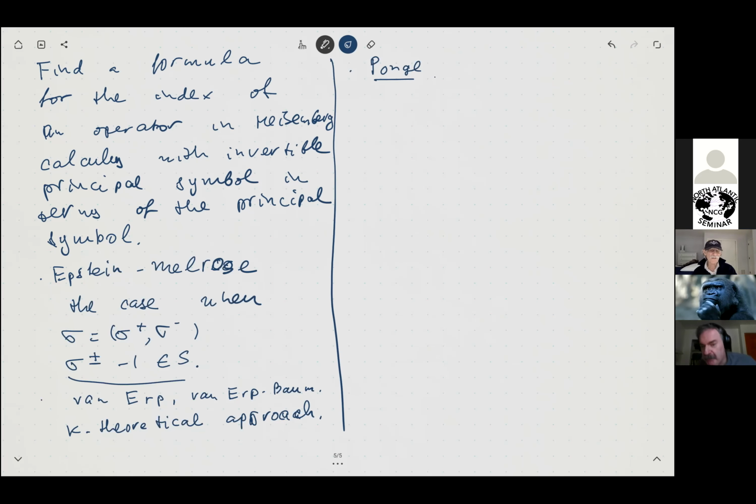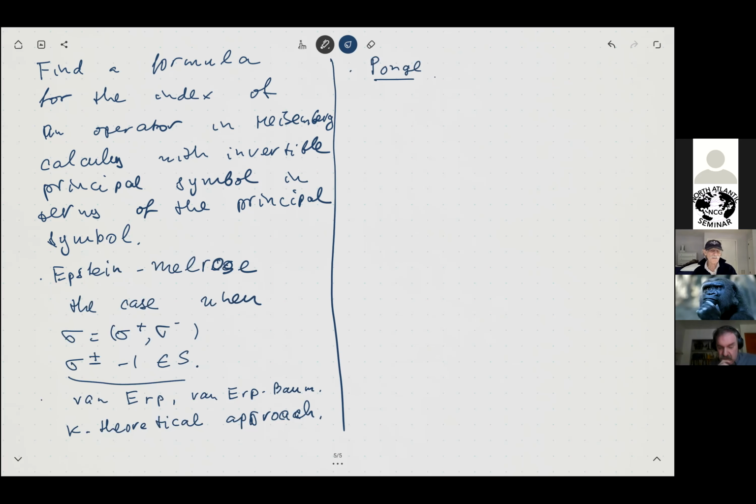So essentially from the work of Baum and Van Erp, one can conclude that actually, in a way, this is sufficient. One can deform any such operators to one of the type of Epstein-Melrose. However, okay, one knows the existence of such a deformation essentially, but it is non-local and a priori not exactly clear how to do it.